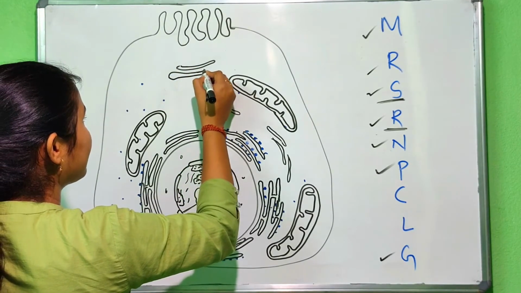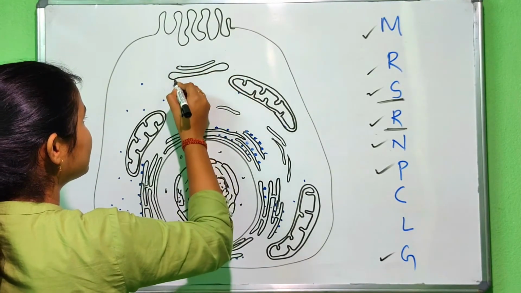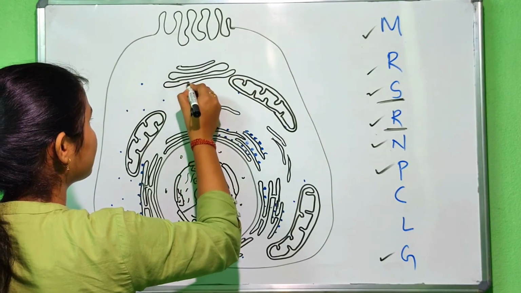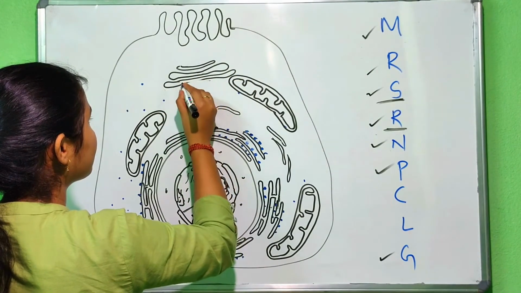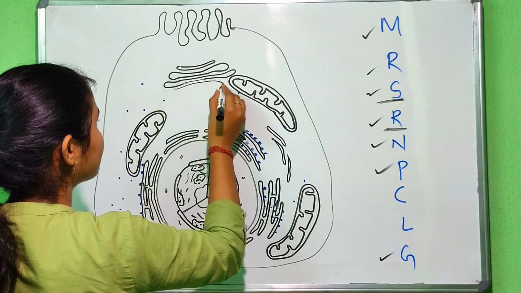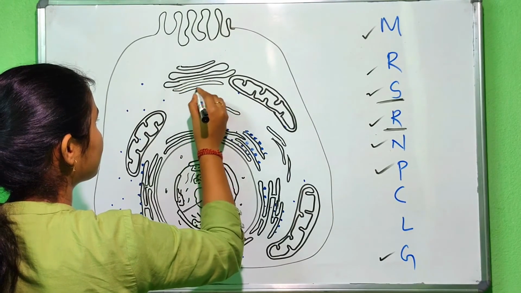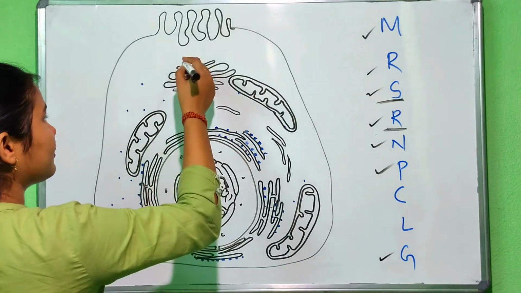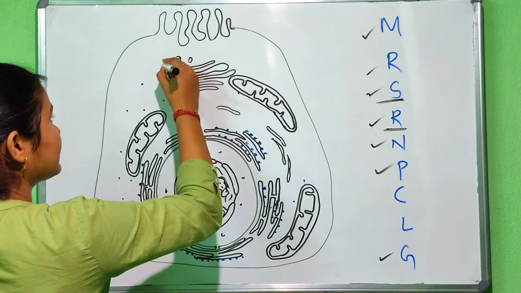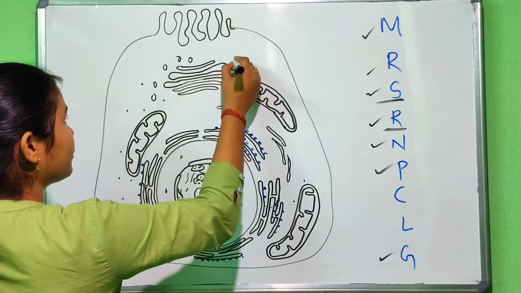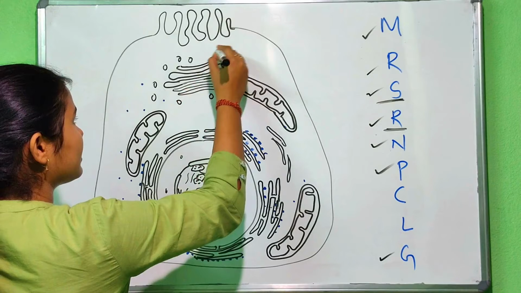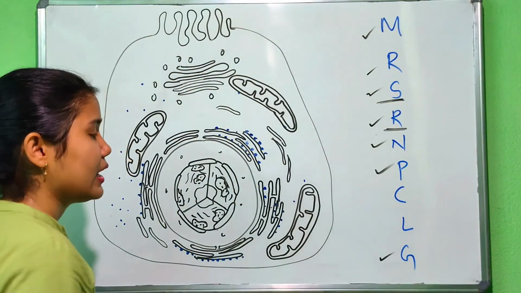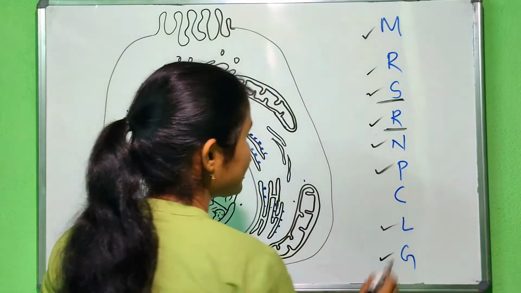They are more like tubular and dumbbell-shaped structures which are present in the cell. And there are some vesicles which come out of the Golgi body. Okay, clear?